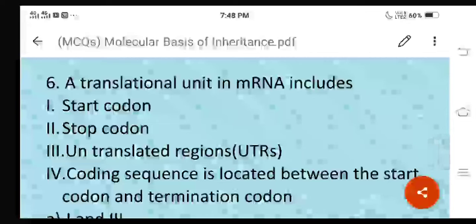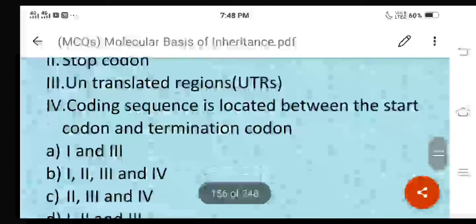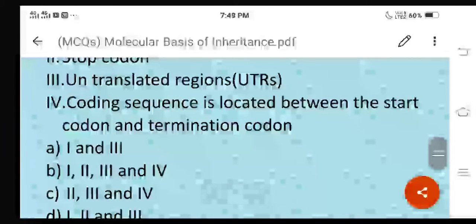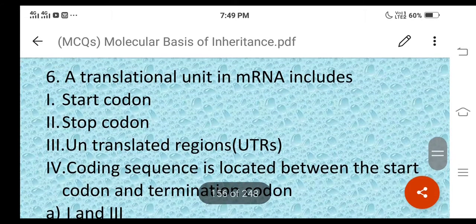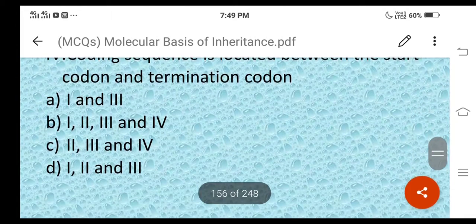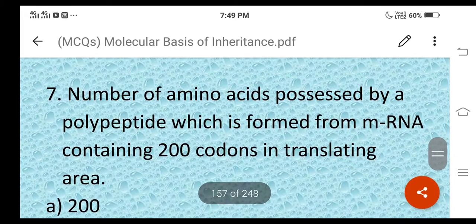At the 5 prime and 3 prime ends of the molecule, some untranslated regions will be there, and in between, the coding sequence is located between the start codon and the terminator codon. So according to the given question, all the statements are correct. Option B is the right answer. Then let us move on to the next question.